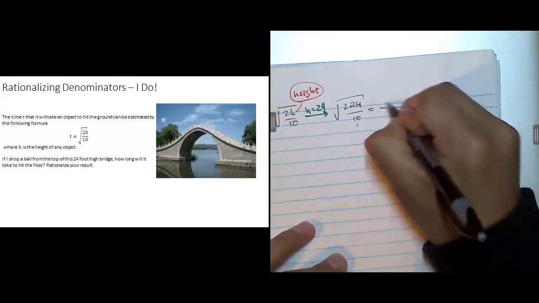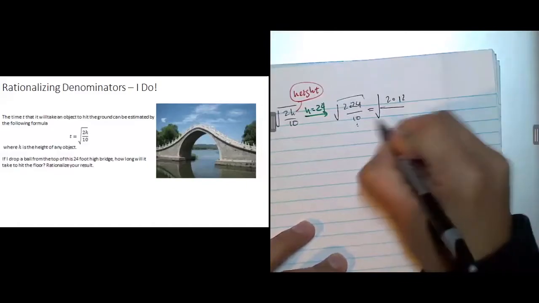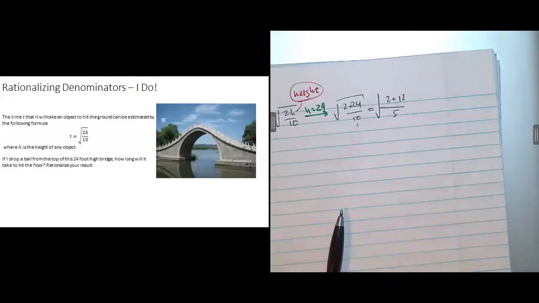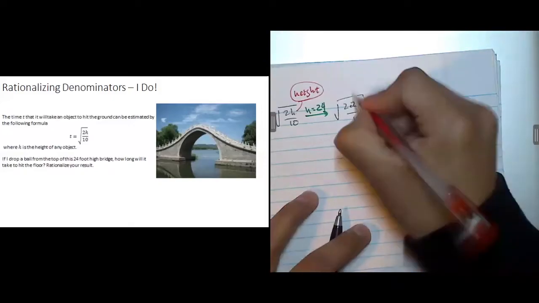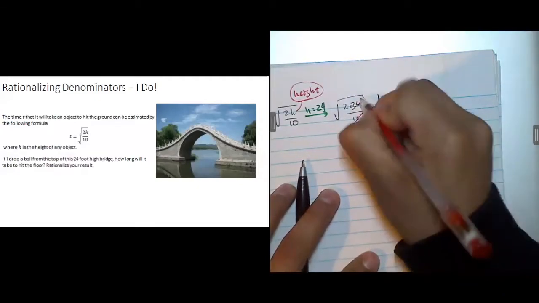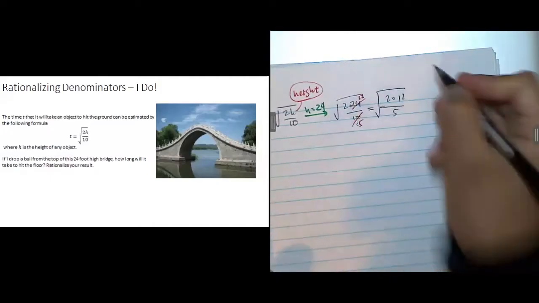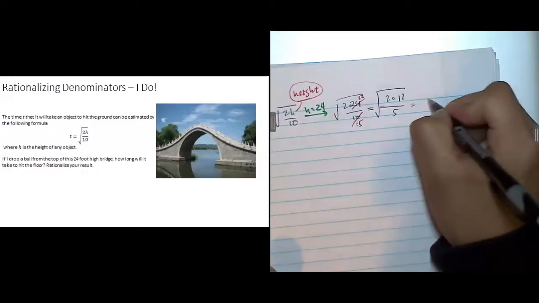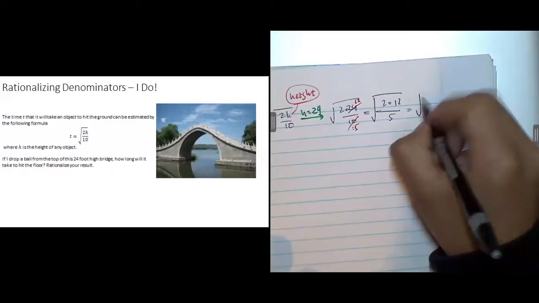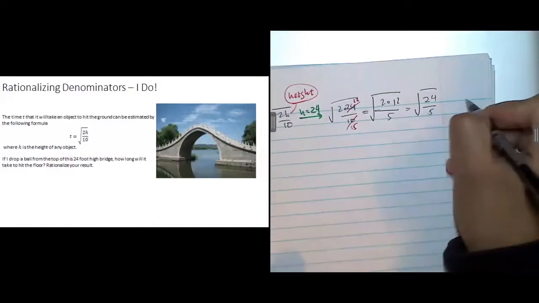So I have 2 times 12 and 5, because all I did was reduce by 2, and this gave me 12, and this gave me 5. Continuing along, I have 2 times 12 for the numerator and just 5 on the bottom. So 2 times 12 is 24, and then just bring over the 5.